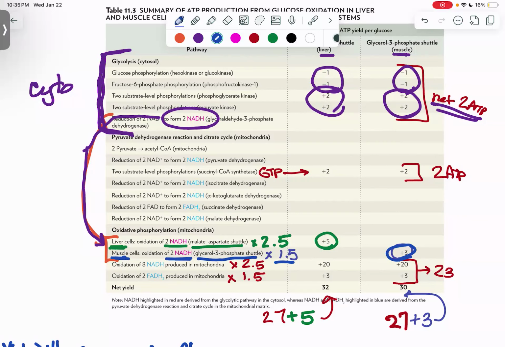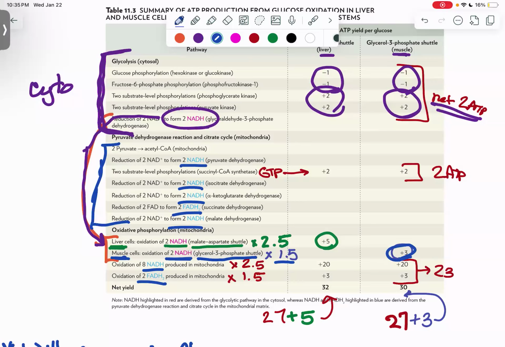Now, you also have to remember that we have pyruvate, and here's our pyruvate. So it's our pyruvate dehydrogenase and the citrate cycle combined together, because they're both happening in the mitochondria. And if we add up all of the NADH that we have produced, we're going to get 8 molecules of NADH. We're also going to make 2 molecules of FADH2, right?